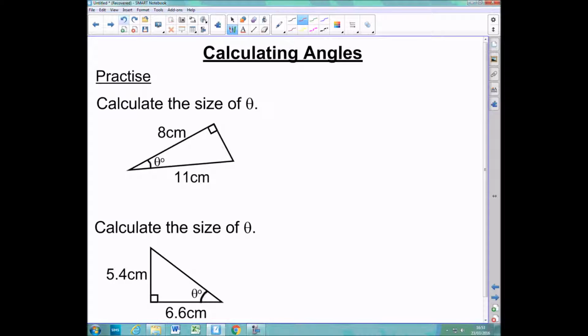Okay, let's start off by labeling our triangles. So first off, we've got the adjacent side, the hypotenuse, and the opposite. Sketching down SOHCAHTOA, I can see that it's the opposite side that I'm not interested in, which leaves me with cos. So now I'm going to start off by writing that cos of theta, covering up that cos, is the adjacent over the hypotenuse, 8 divided by 11.